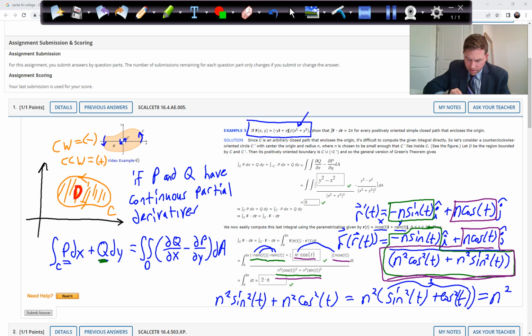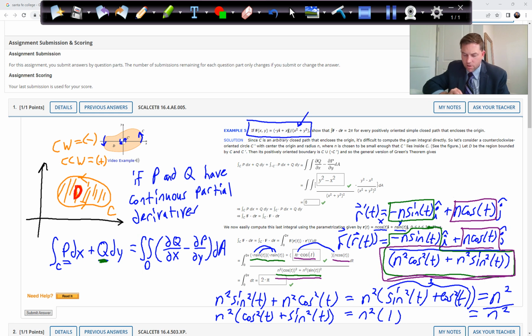And then similarly, the denominator, we can also factor out an n squared, and we have the exact same thing, cosine squared t plus sine squared t, which is n squared times 1, which is n squared. So the numerator is n squared, the denominator is n squared, those will cancel to just be 1.